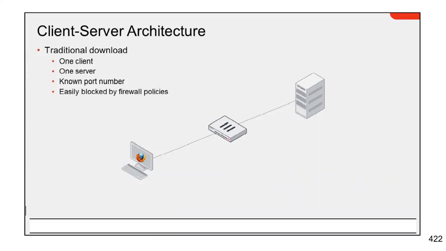Traditional downloads use a defined protocol. Always remember that traditional downloads use a defined protocol over a standard port number. Very simply put, if I need to download anything, I'll open up a browser and go to whatever hosting service I'm going for, maybe download.com.